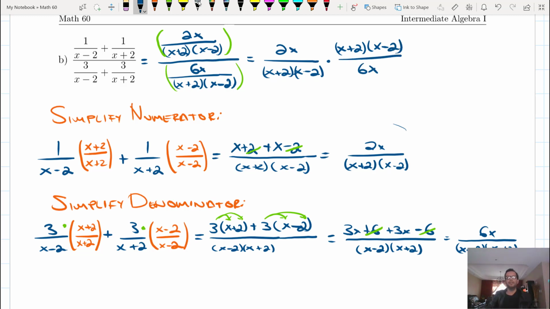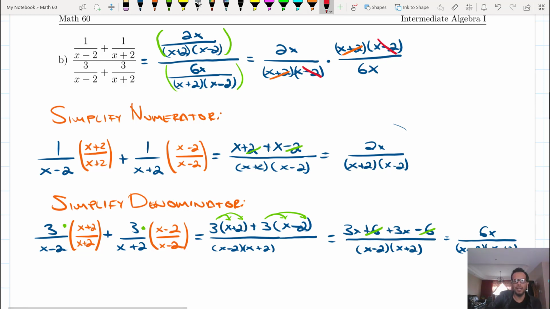Okay, notice at this point we are ready to divide out common factors. Notice how this x plus 2 divides out this x plus 2, the numerator and 1 in the denominator. Also, we have this x minus 2 canceling this x minus 2.